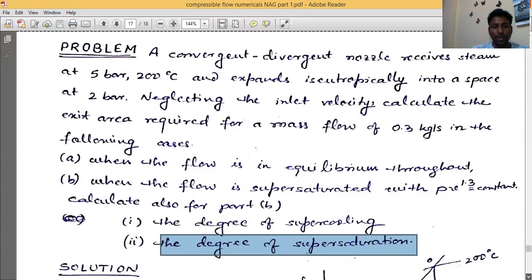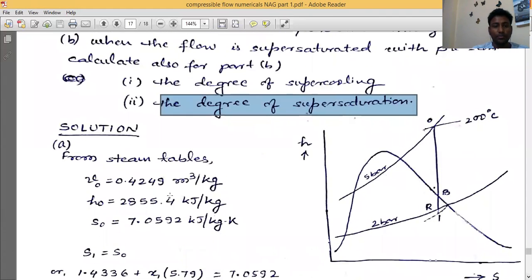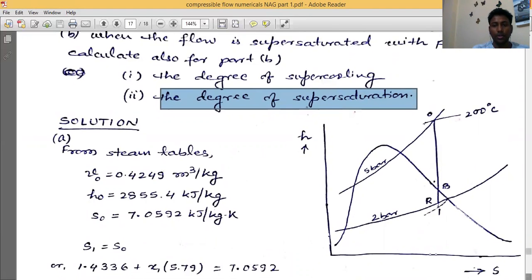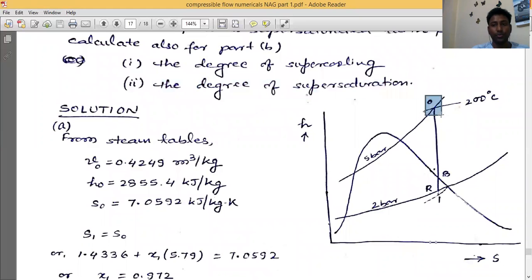So let's first discuss the first part. The convergent divergent nozzle is given. On the HS diagram or Mollier diagram, you can locate the state 0 by locating the corresponding pressure of 5 bar and temperature 200 degrees centigrade.